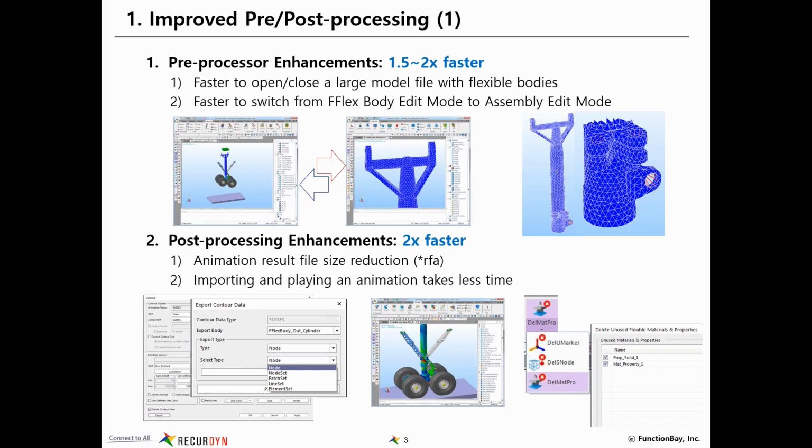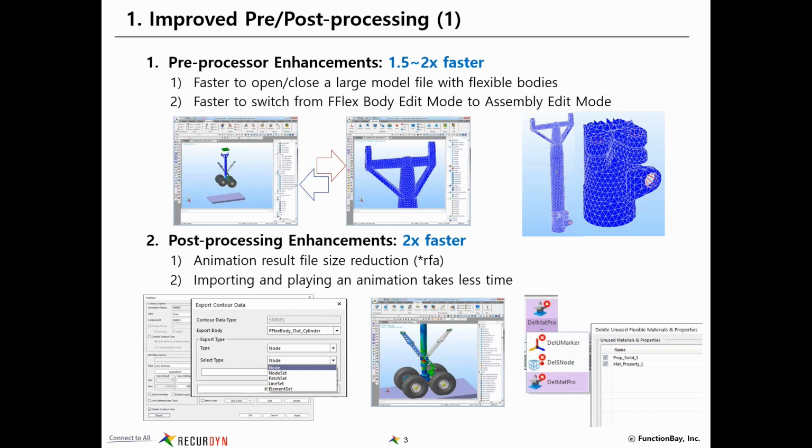And it's also faster to switch from the full flex body edit mode to the assembly edit mode. And this is really noticeable when it's a significantly large file, when you have a lot of elements and a complex RecurDyn model. As a rough estimate, it's about 1.5 to 2 times faster there.